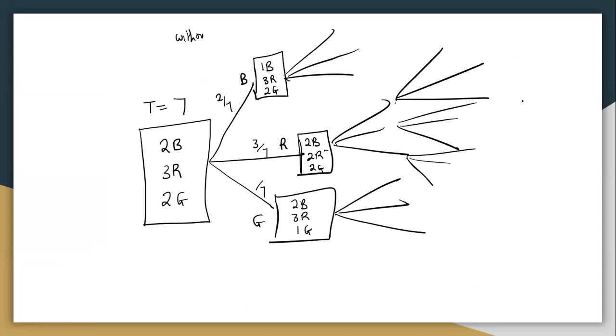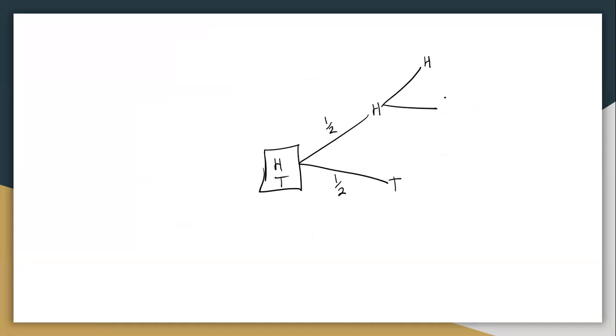Like when the items are 2. Even when the items are 2, let me use a coin. Here you'll pick a head and you'll pick a tail. So probability of picking a head is a half, probability of picking a tail is a half. When I pick again, I can either pick a head or tail.